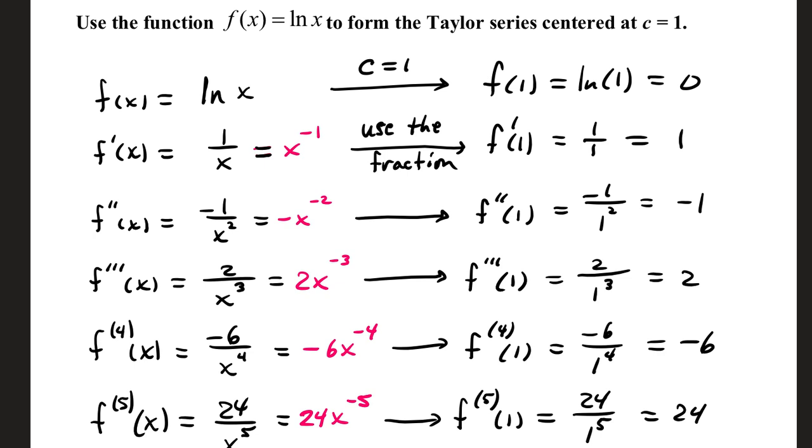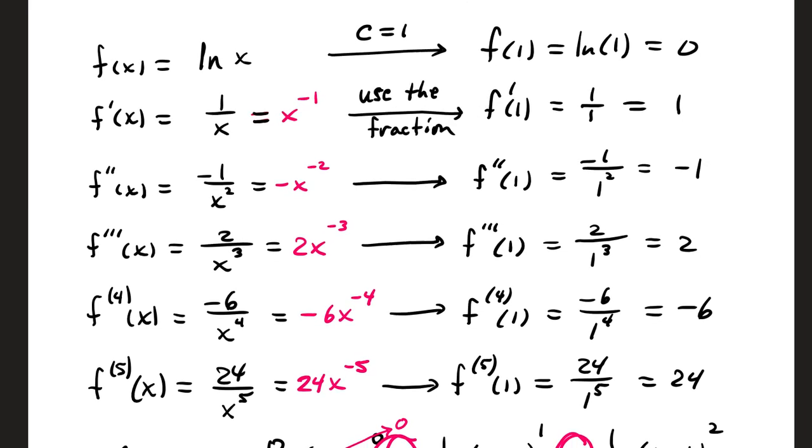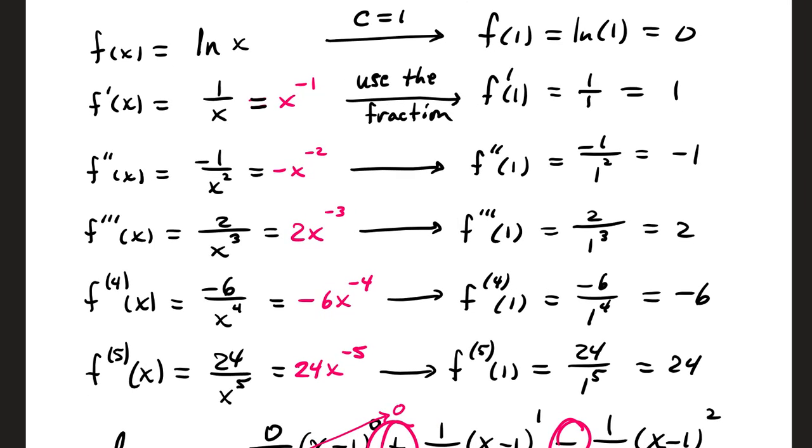Now, since the series is a Taylor series centered at positive 1, we substitute 1 in to this entire column of functions and derivatives. Starting with the original, natural log of 1 is 0, 1 over 1, that's 1, negative 1 over 1 squared.